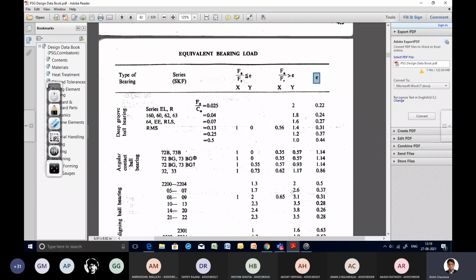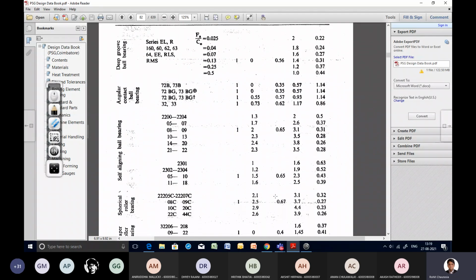Now if I look at our bearing number, it lies between these. My bearing number comes between 10C to 20C. The range is 5 to 7, 8 to 9, 10 to 20, and the bearing numbers are 222 to 10, 222 to 20.